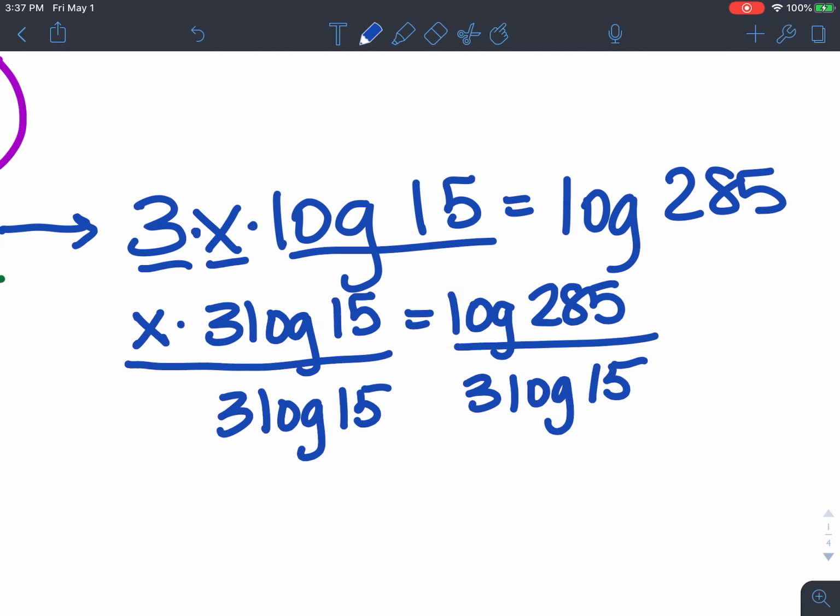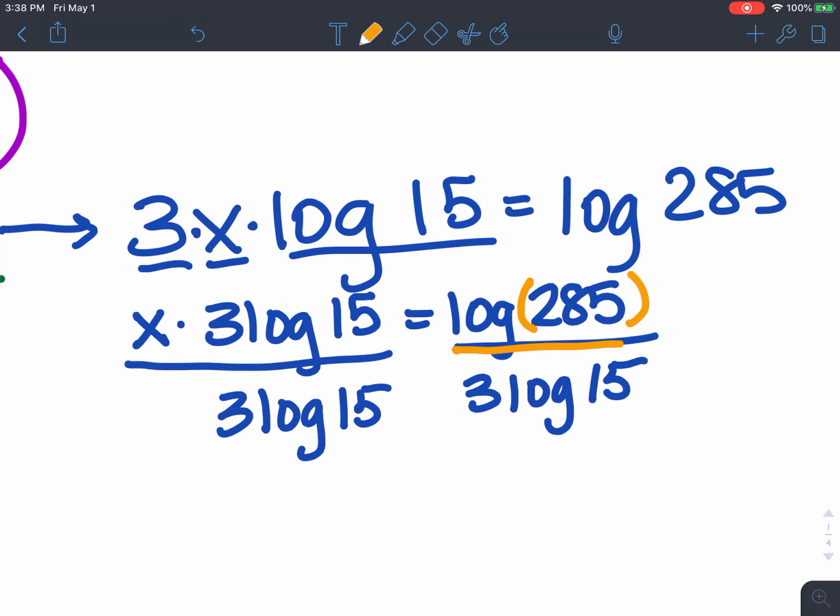Now, the key here in the calculator is that anytime you are working with logs, first of all, when you type the log button in your calculator, it immediately gives you a parenthesis. So you need to make sure that you close it.